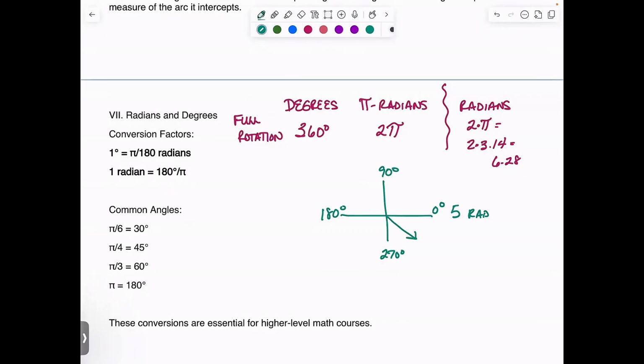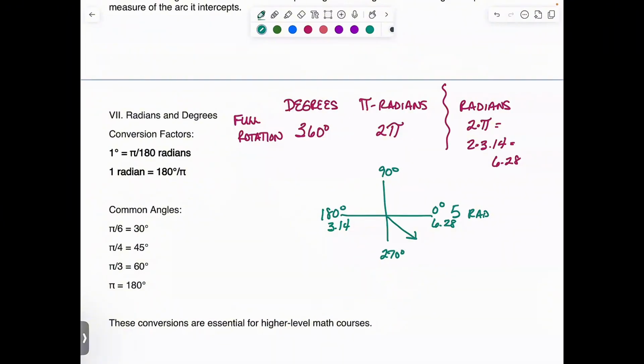I know this would be 6.28. This is 3.14. And so it's between 3.14 and 6.28. It's going to be to the right of 270, I think. Don't read too much into that, but just know what radians are, or just have a sense of them.